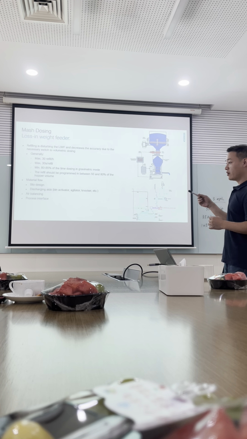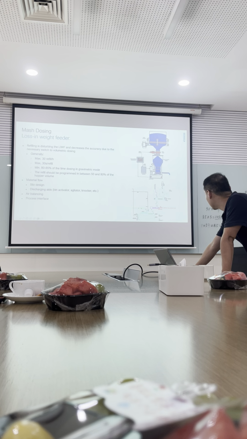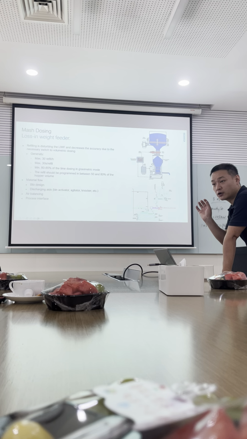because we know for every refilling, when we do the refilling to the bin, it's not the gravimetric, it's not the loss-in-weight feeder anymore. It will automatically turn into a volumetric feeder.